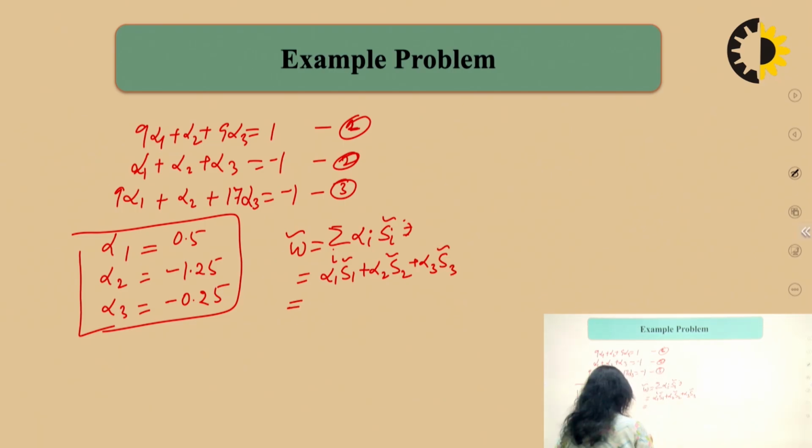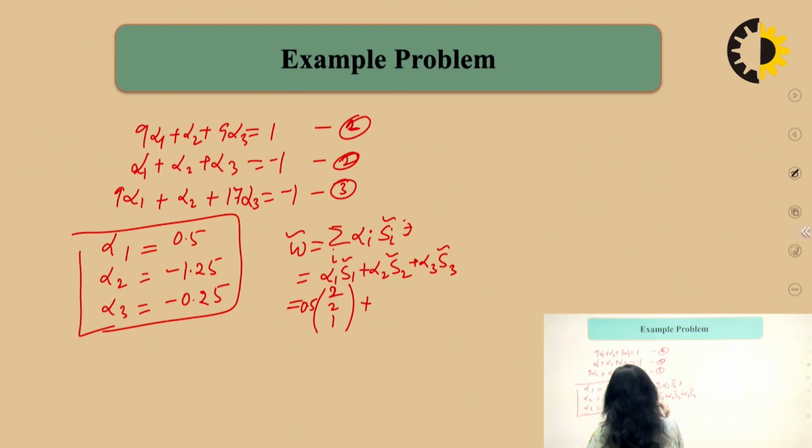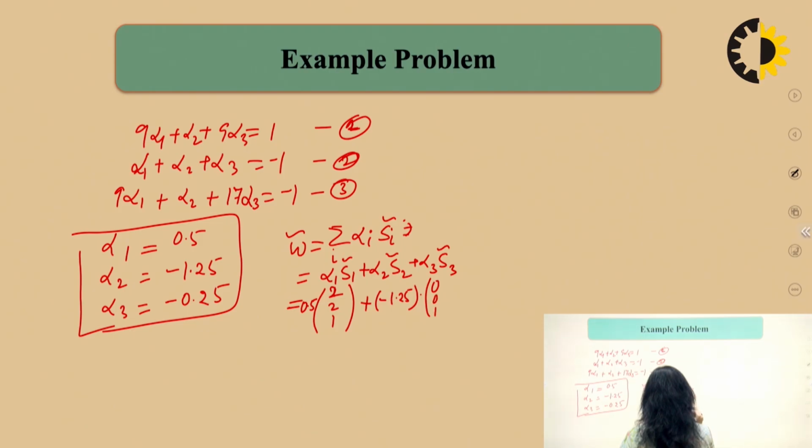Okay, and this will come to 0.5 multiplied by S1, which is 2 1. Then alpha 2 is minus 1.25 multiplied by S2. So S2 is nothing but 0 0 1. Then we have plus minus 0.25 and S3. So S3 is 4 0 1, right?